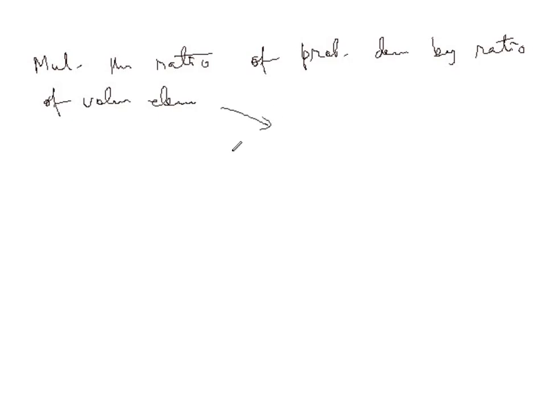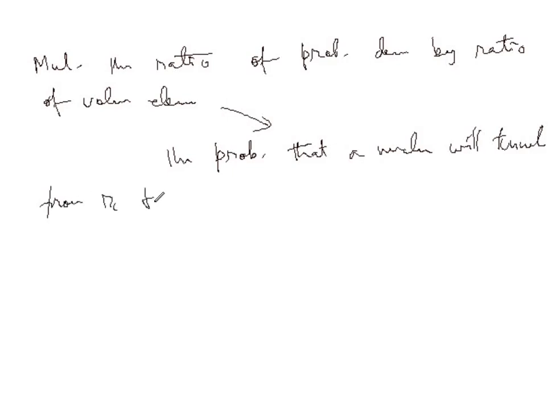And this will give us the probability that a nucleus will tunnel from R1 to within R0, which is again much less than R1, of the other nucleus.